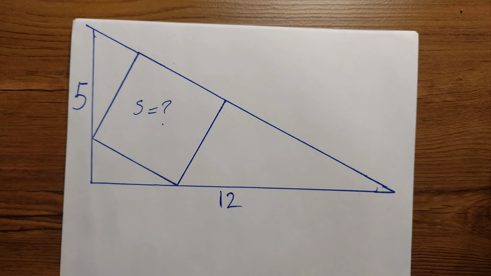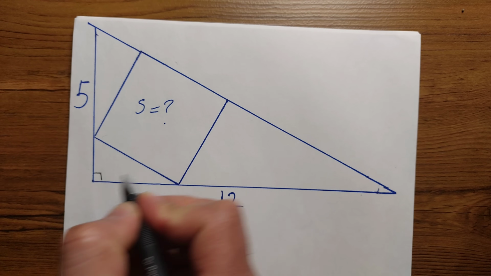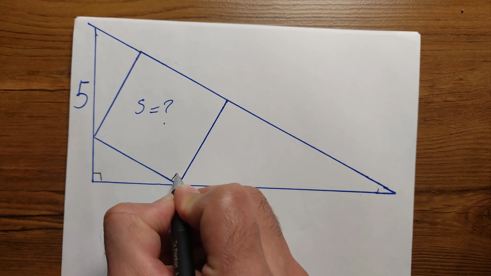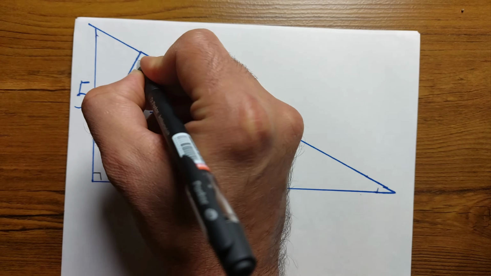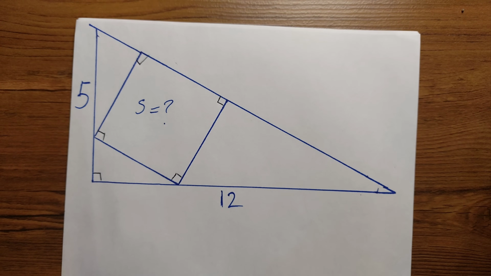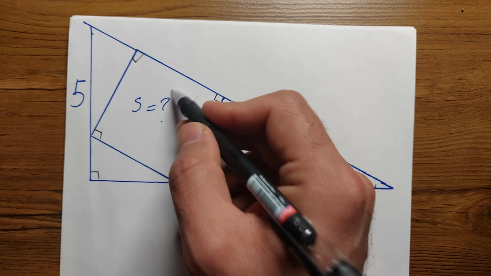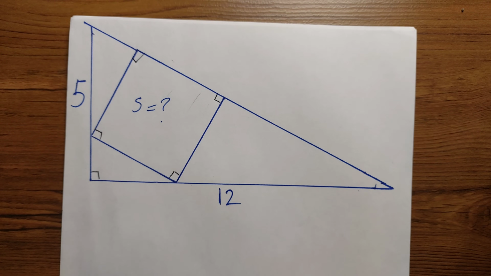Here we just have two sides. Two sides of this right angle triangle are given, and we know that this is a square inside this big triangle, and we are supposed to find the area of this square.